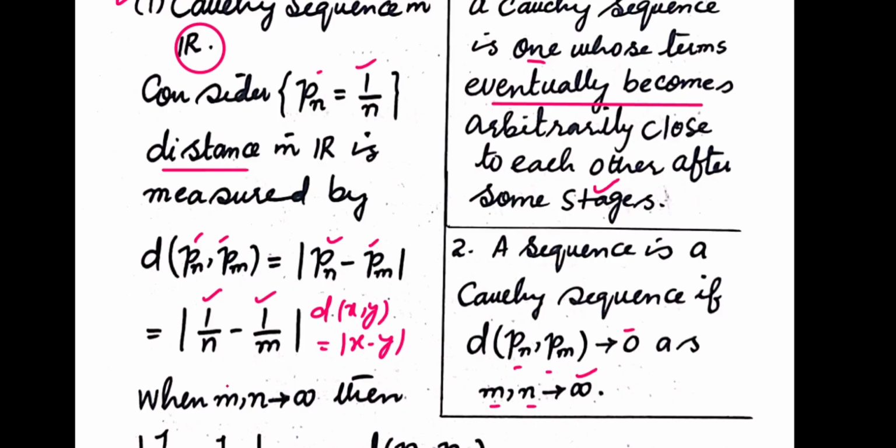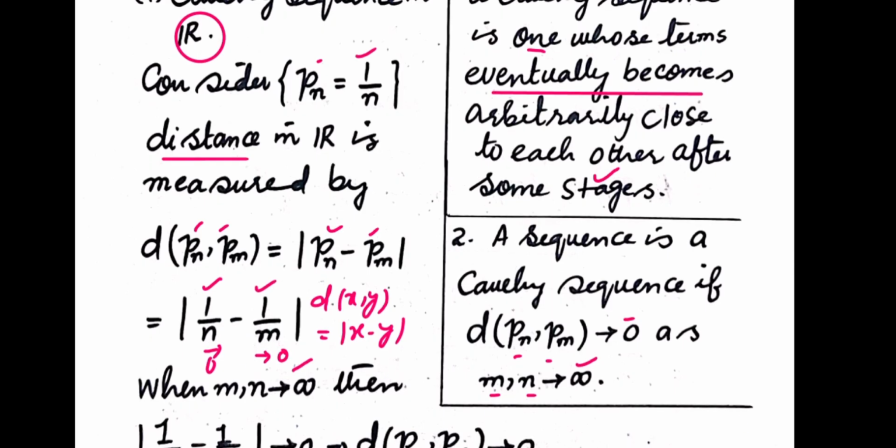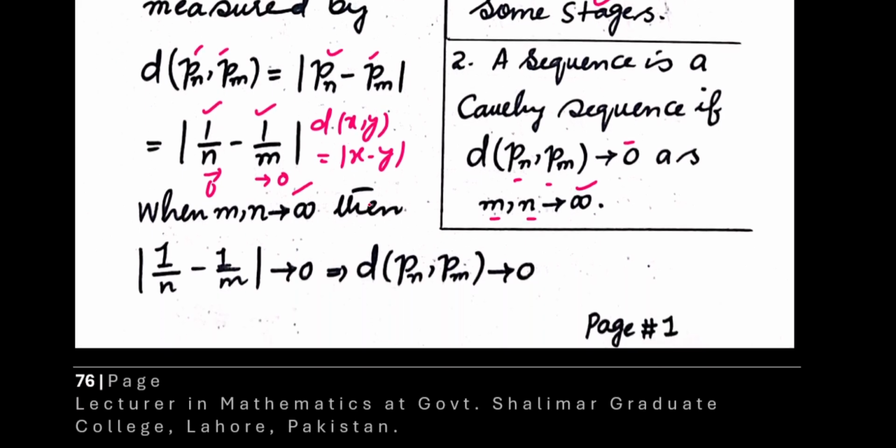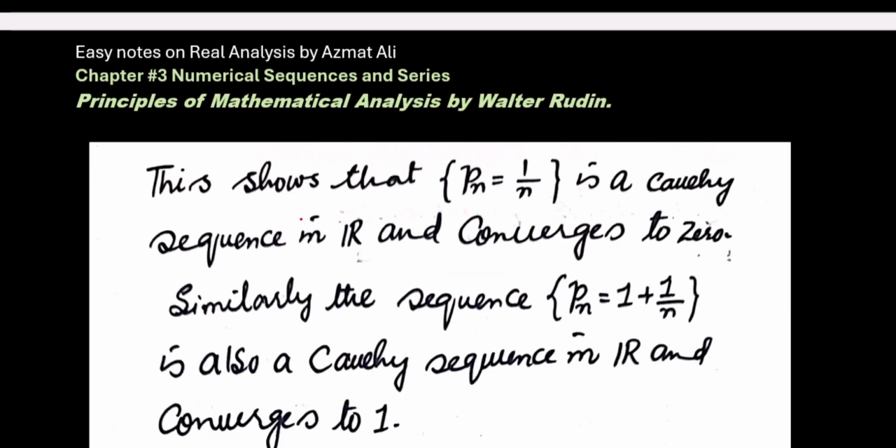Clearly, when you take m and n approaching infinity, this term approaches 0. Similarly, 1 over m also approaches 0. So the difference also approaches 0. So this shows this distance approaches 0. So according to this result, this sequence is a Cauchy sequence in R, and further it converges to 0.